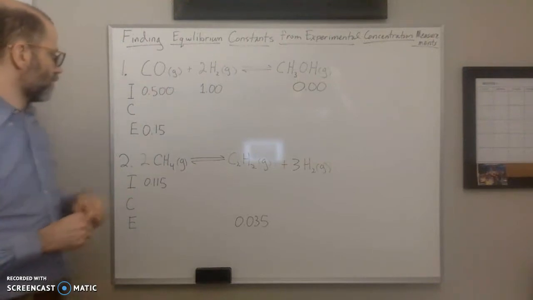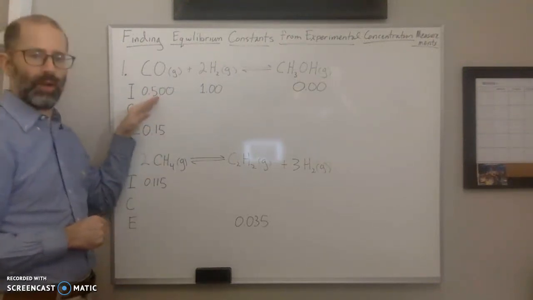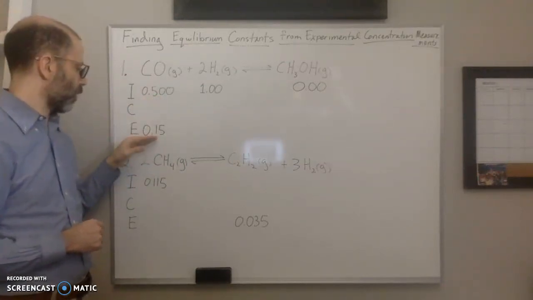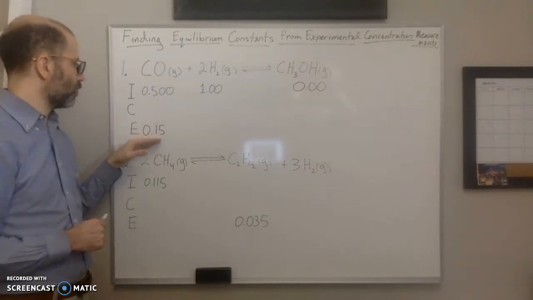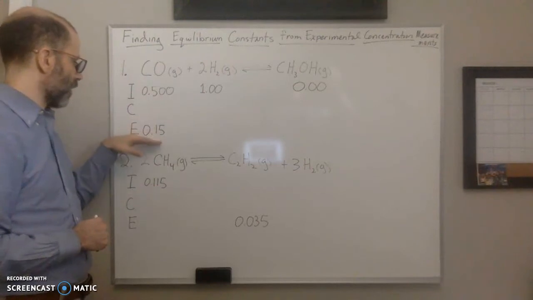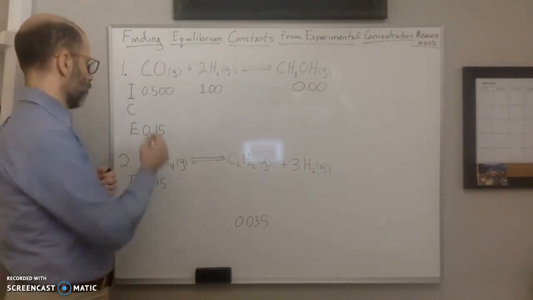And so what you do is you start here and say, well, I know that I started with 0.5 molar of CO, and now I'm at 0.15. So here it dropped. So I need to figure out the change here. The change here is 0.35.